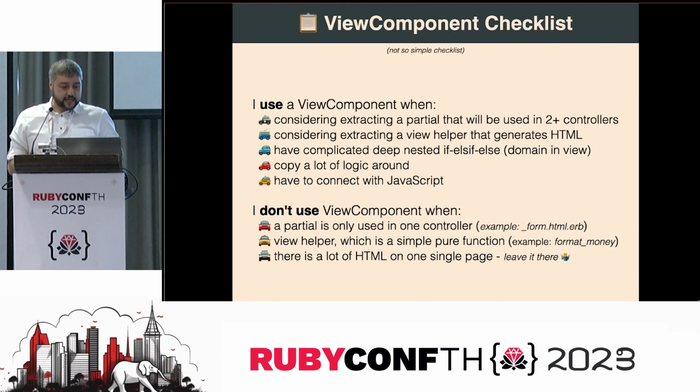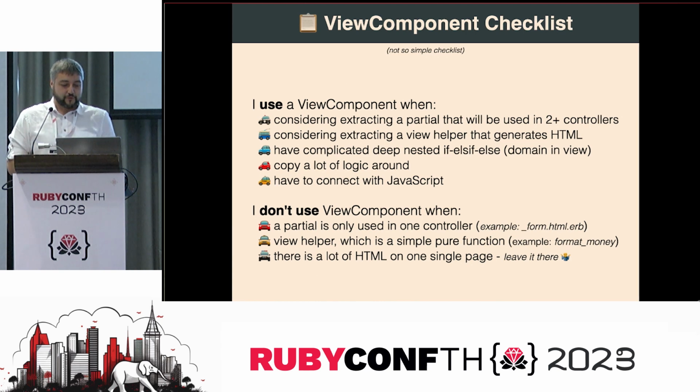Also, I noticed that when I have deep complicated logic, like a deep if else based on one domain object entity, I put this in a component where I can actually do private methods, split the logic, and make it a bit more readable. Also, when I connect stuff with JavaScript, even though I try to write as little JavaScript as possible, I write the ones that I actually need. And I usually extract it in a component where I know it's safe and sound and I don't need to worry about it.